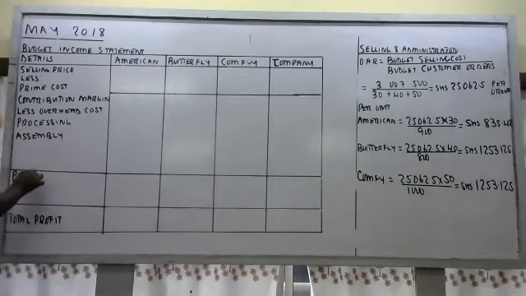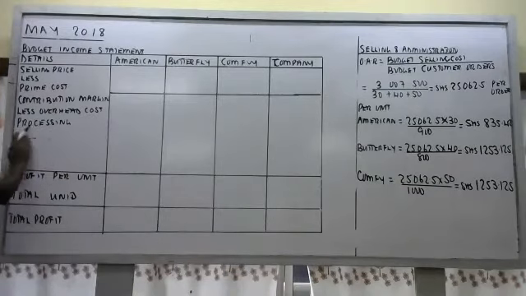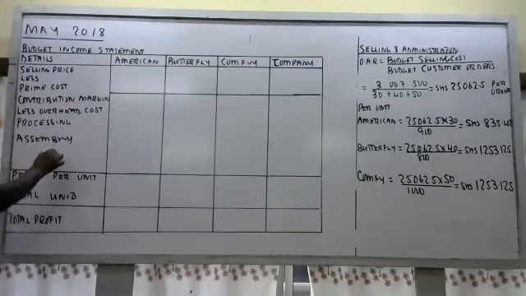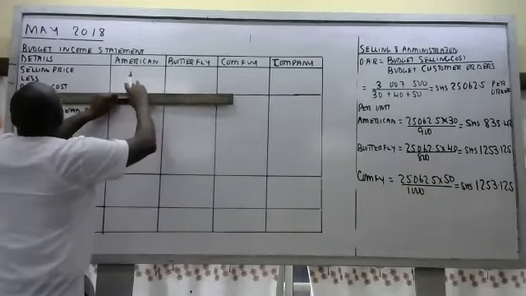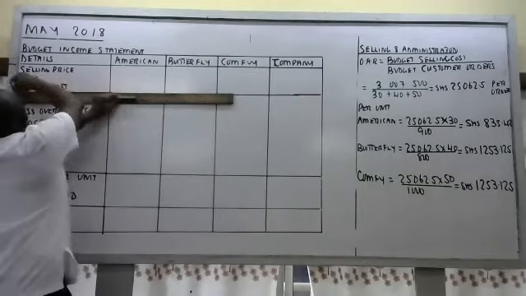This is profit per unit. These are total units. And this is assembly. And this is selling. So that this is my prime cost.